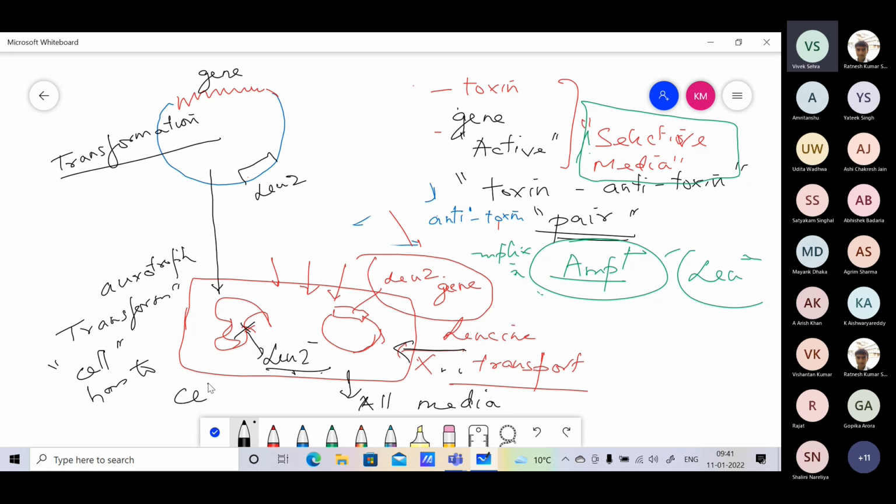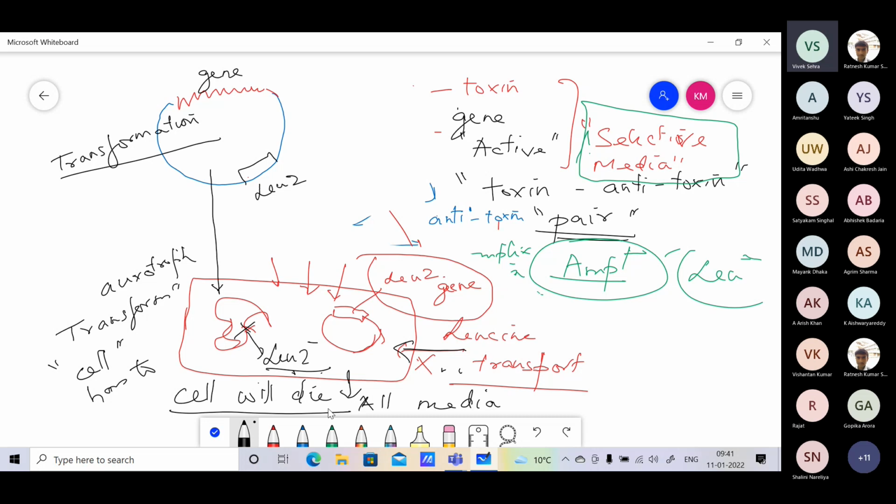Cell will die. So then how do you sort of, this is a very good theory which is completely impractical. You understand? It's a very nice thing on paper, but how do you implement it? So these are sometimes very good ideas on paper, but then you discover that there is a fundamental flaw.